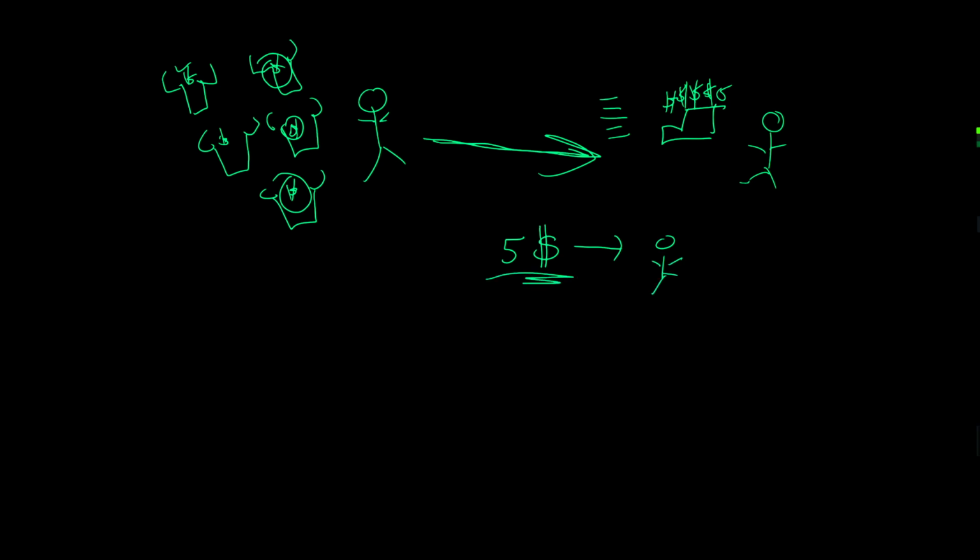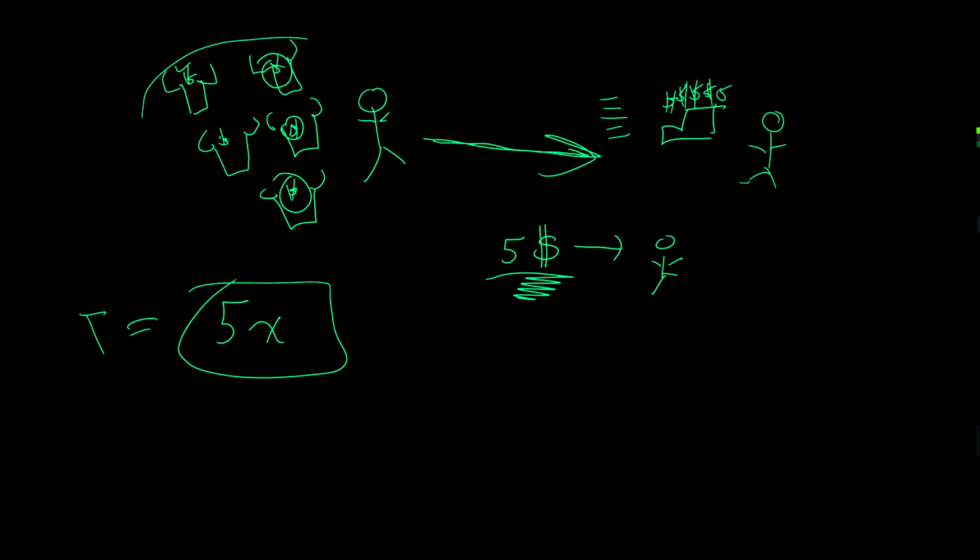And now my math is starting to show through. Because if I can name that discount price X, I'm going to pay 5X. That's going to be my total. And so the picture went into a process, and the process told me the math that I was going to have to do.